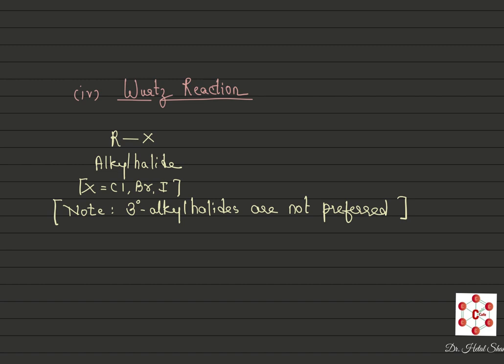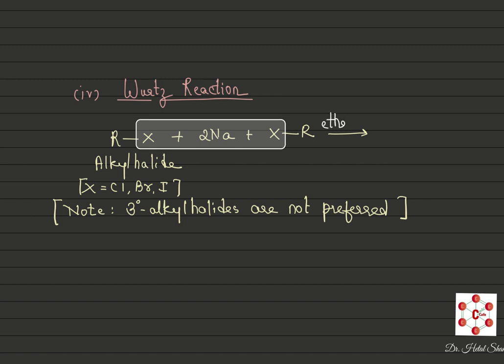So here what we do is we take two sodiums: 2 moles of RX and 2 moles of sodium, as I've shown here, and the solvent used is ether and heat, and you get R-R plus 2 NaX.